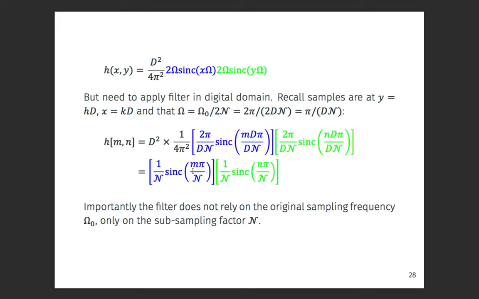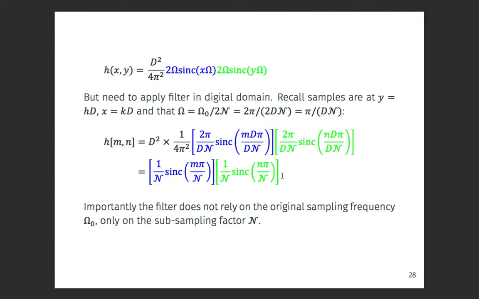So we don't need to know what the original frequency was; we only need to know what the change of the frequency is. If we subsample by 2, then this curly n here is 2, and then you can design your impulse response for the filter in that case.